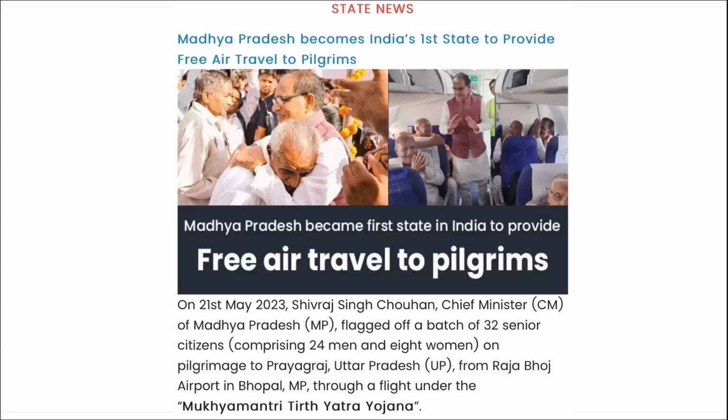Next is state news. Madhya Pradesh became the first Indian state to provide free air travel to pilgrims. I repeat, Chief Minister of Madhya Pradesh, Shivraj Singh Chauhan, recently flagged off a batch of 32 senior citizens comprising 24 men and 8 women.